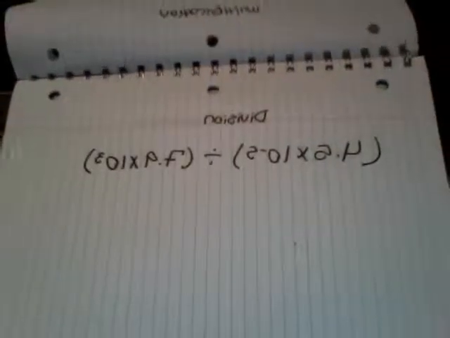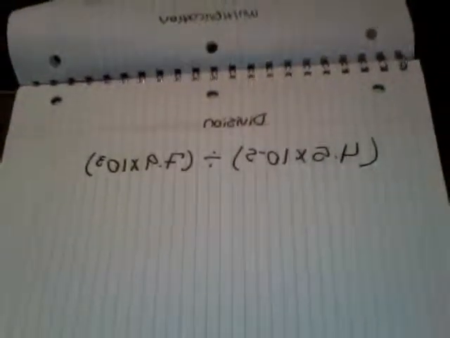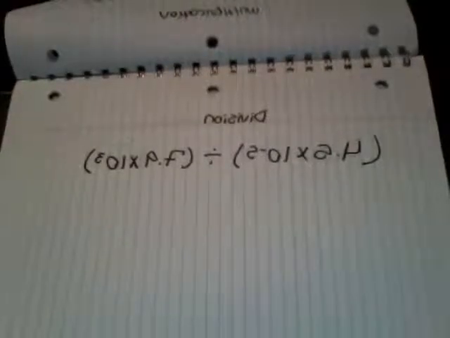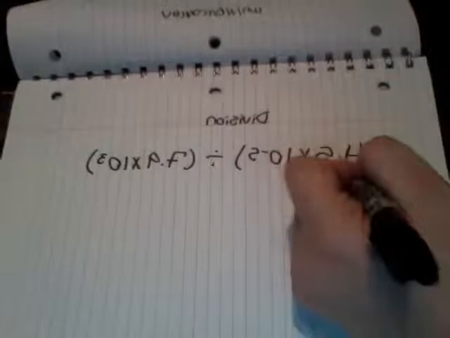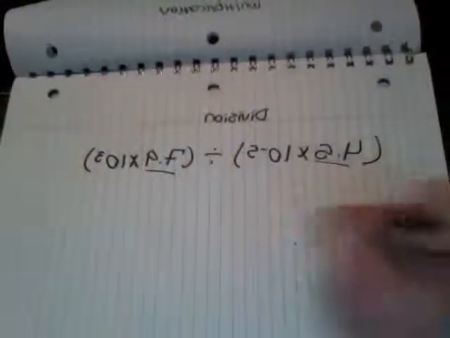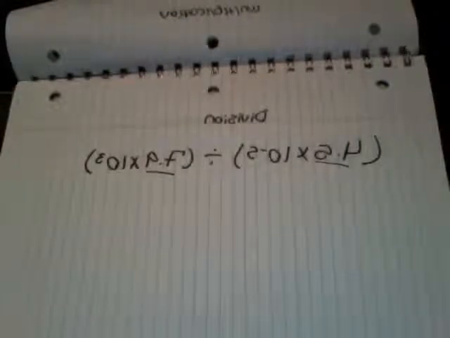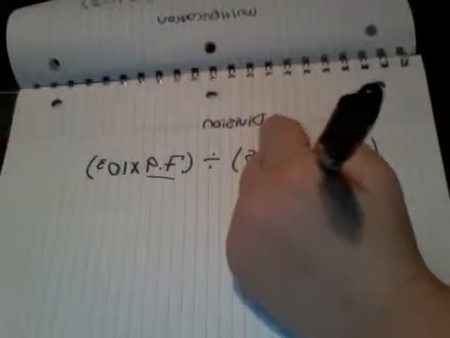Division. What we are doing is basically the same thing except in reverse. So you take these two numbers, 4.5 divided by 7.9, and you get 0.56.